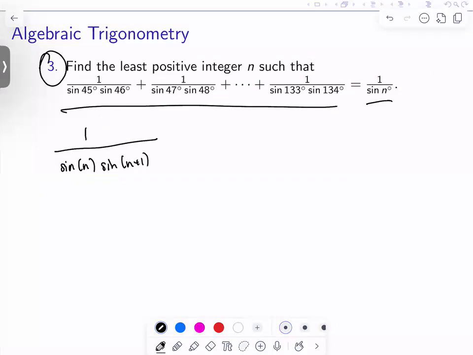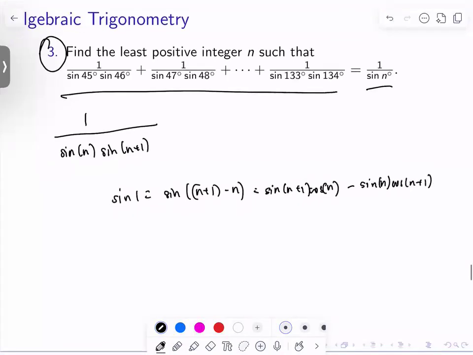And then you can note that sine of 1 can be written as sine of n plus 1 minus n. And using the sine A minus B expansion formula, you can write that as sine n plus 1 cosine n minus sine n cosine n plus 1.